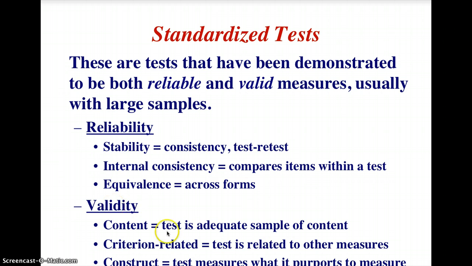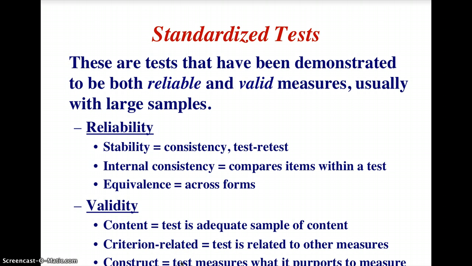And then validity has to do with, are we testing what we mean to be testing? Content: is this an adequate sample of the content that we want to test? Is it related to other measures? So you can give one assessment and those scores could be correlated with scores on another measure.